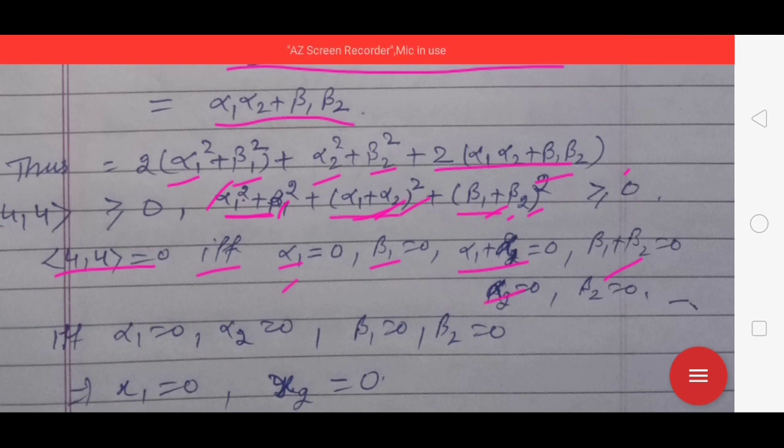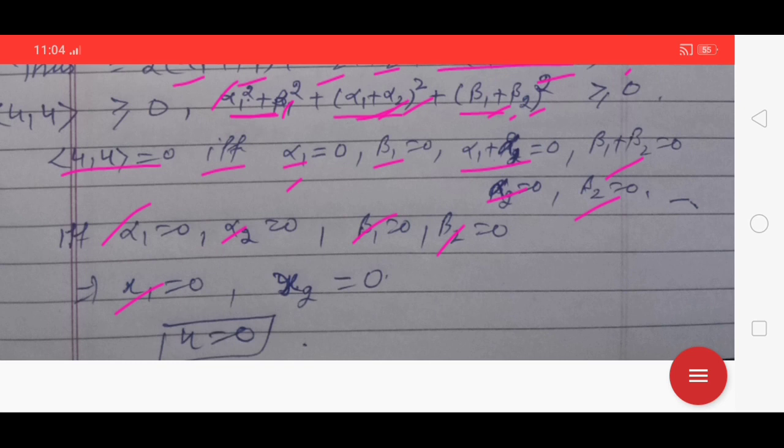Using this, alpha 1 equals 0, alpha 2 equals 0, beta 1 equals 0, beta 2 equals 0, so you can say x1 equals 0 and x2 equals 0, and here you can say (0, 0), which is the zero vector. Hence the given function satisfies all three axioms. Hence the given function forms an inner product on C square over C, and this forms an inner product space.